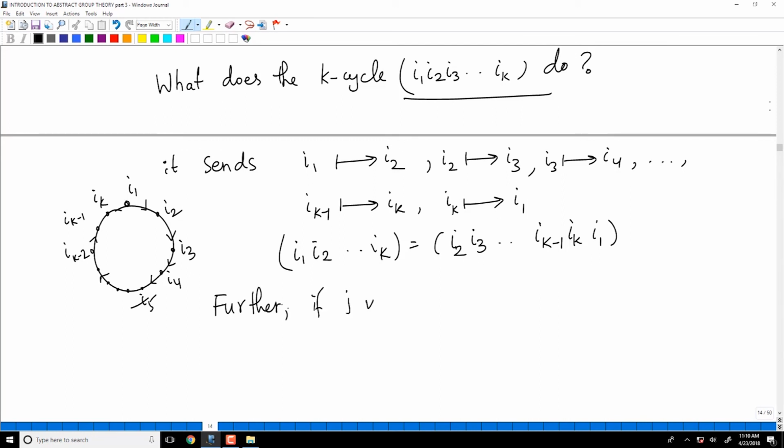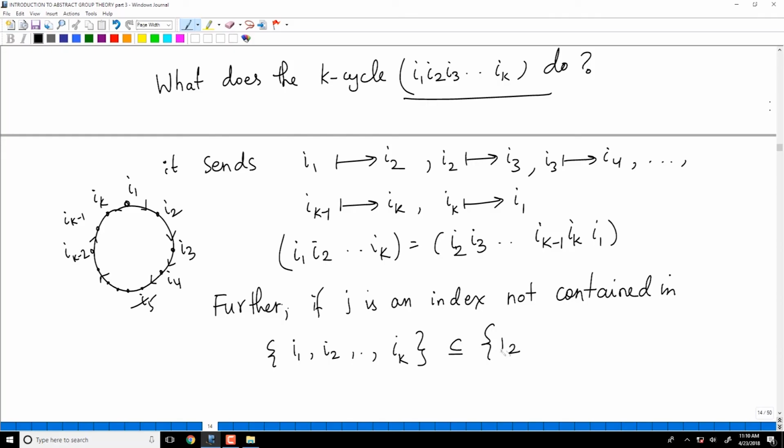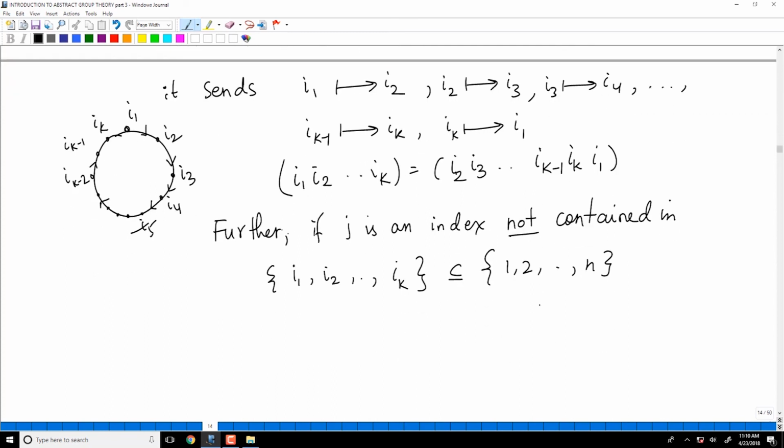If J is an index not contained in I1, I2, Ik, which are just some indices, a subset, then what does the cycle I1, I2, Ik send J to?